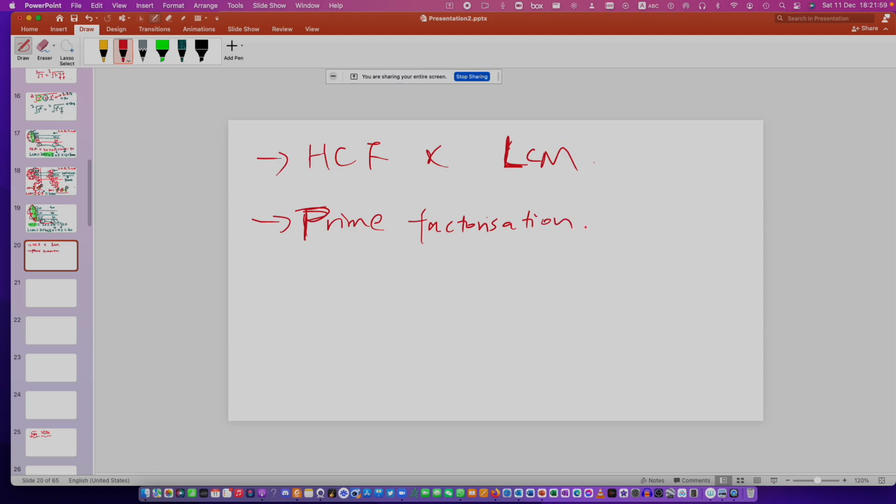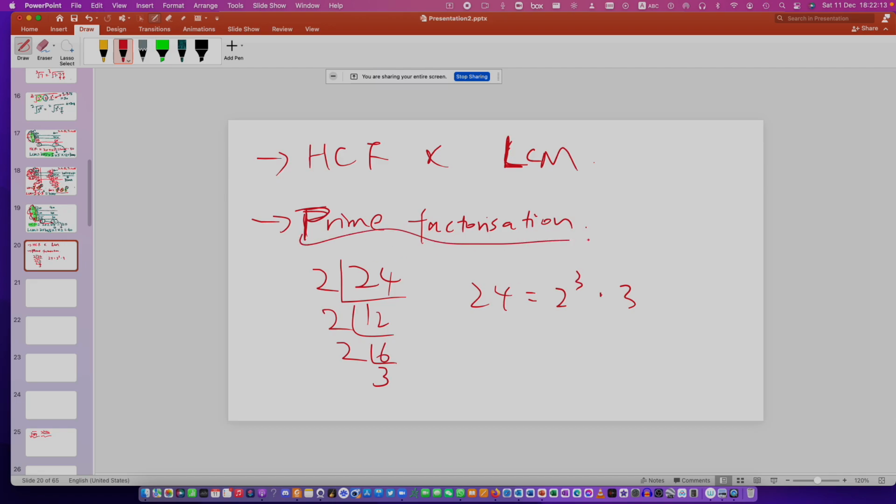So what is prime factorization? Prime factorization is if you get 24, you divide by 2, you get 12, you divide by 2, you get 6, divide by 2, you get 3. So 24 is equal to 2 to the power of 3 times 3. So this is prime factorization. Can or not? You get it? Very simple.